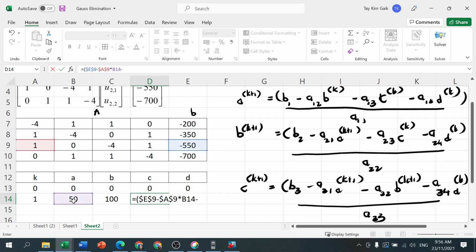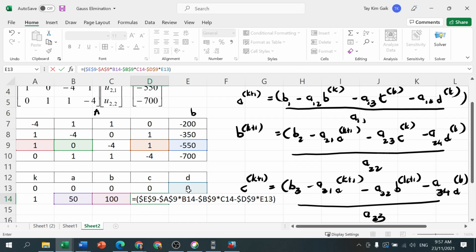Minus A32, make it constant, multiplied by the new B. Click the new B, and then minus A34, make it constant, and then multiply by D, still the old value here.